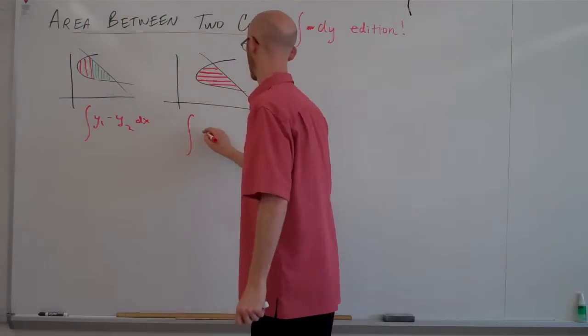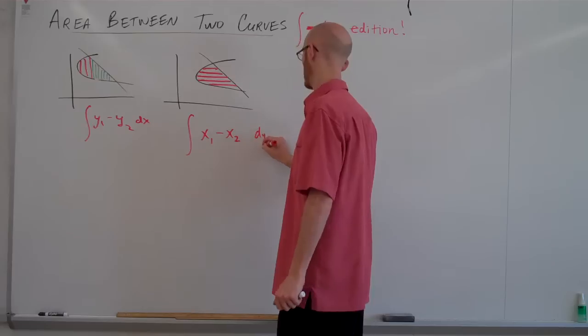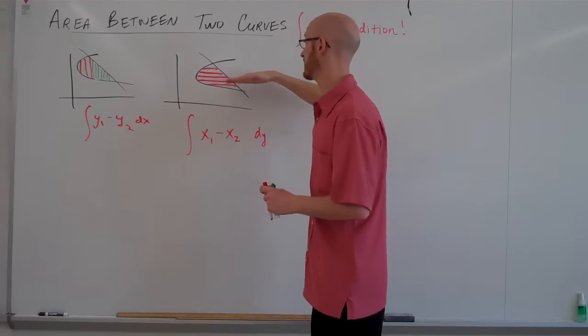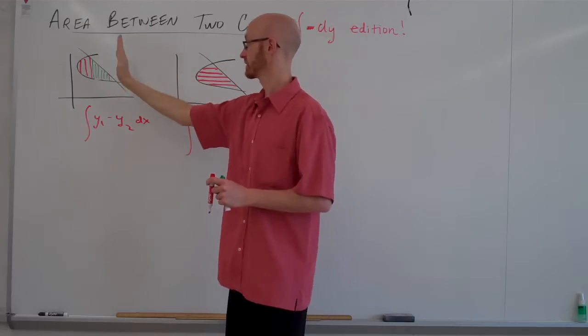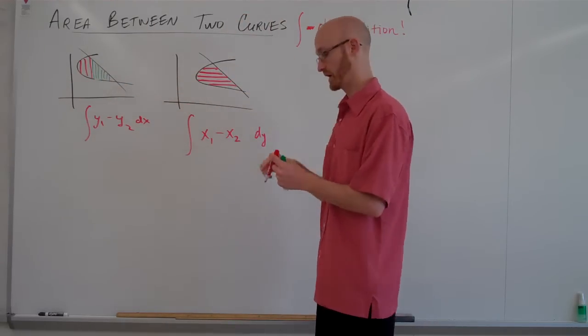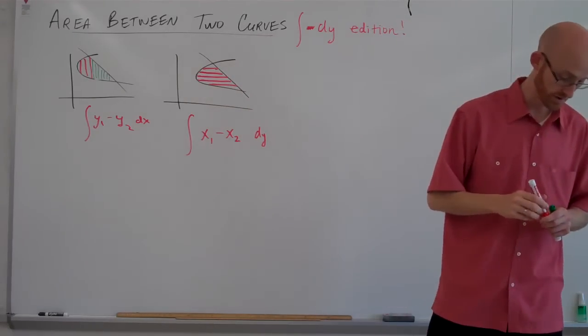Over here, we're going to take some x value minus another x value, and the width of the base of each of these rectangles is going to be some small increment in y. So instead of slicing this way, we're now going to slice horizontally. And you can see hopefully why it makes a lot more sense in this problem to do just that.